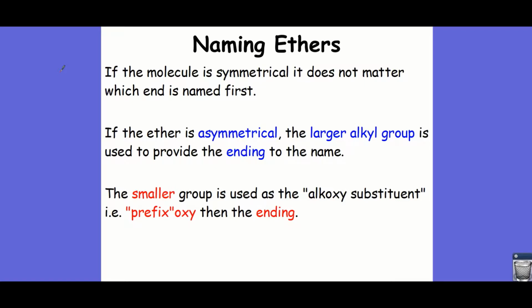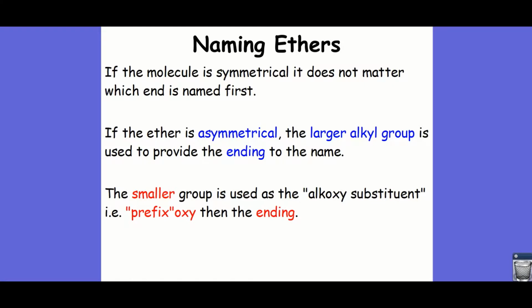If it's asymmetrical, we have to identify where the larger alkyl group is and where the smaller alkyl group is. The larger alkyl group will give us the end of the name, and it is just like naming a normal alkane. And the smaller group we call the alkoxy substituent, and that comes at the beginning of the name.